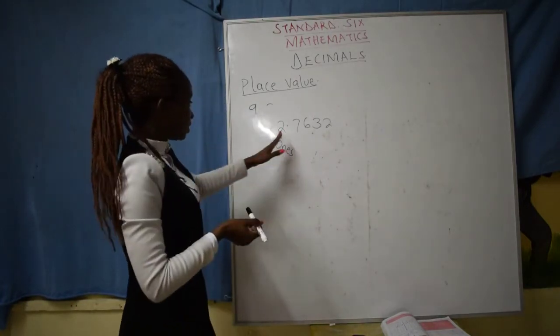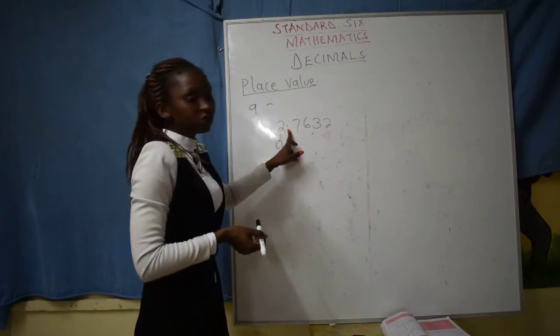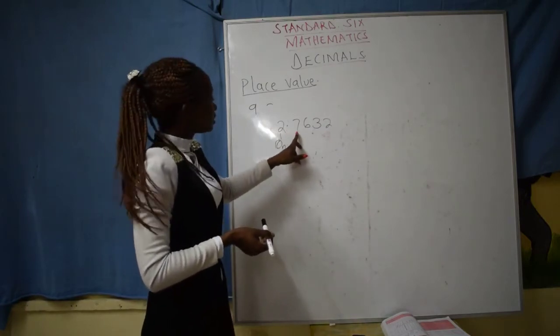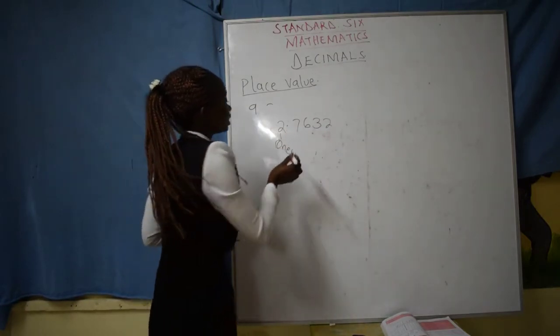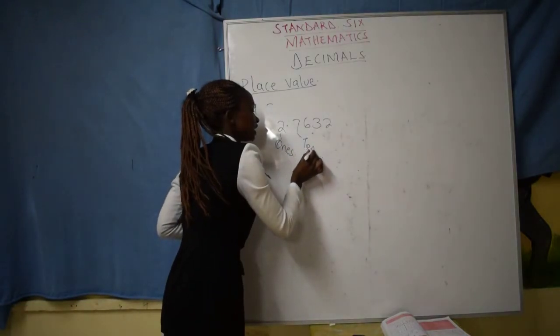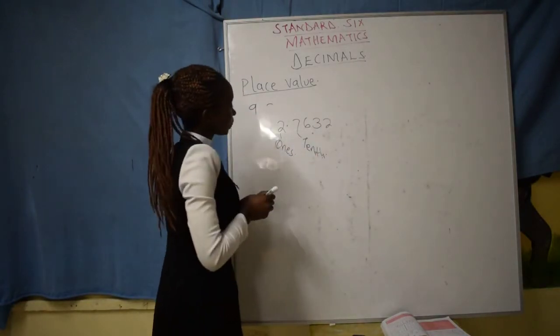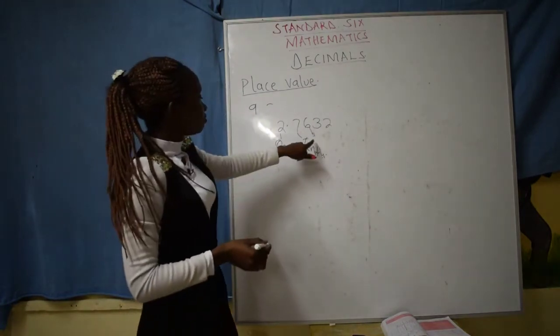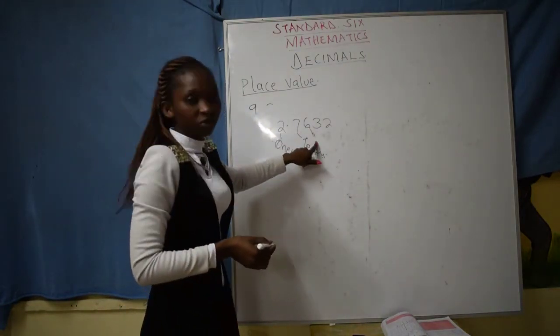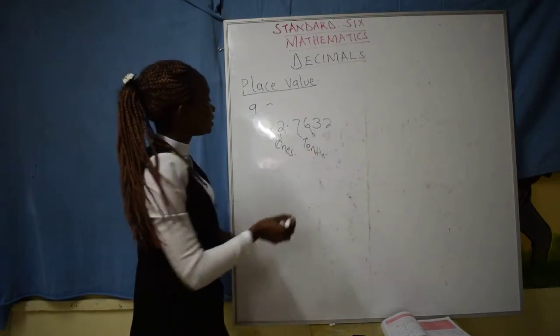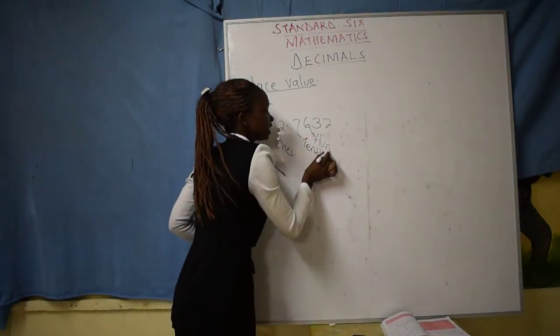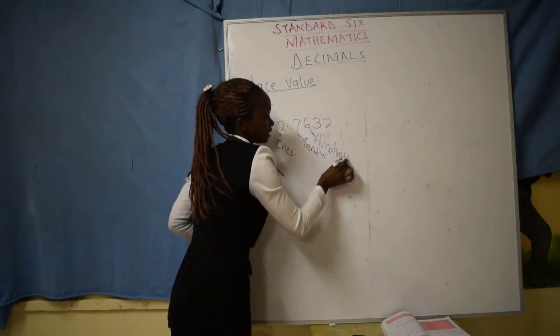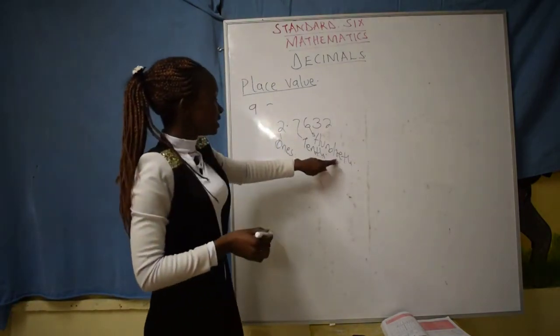After the decimal point, we got 7, and its place value is tenths. After 7, we got 6. So what is the place value of digit 6 after the decimal point? Yes, it is hundredths. And remember the th at the end.